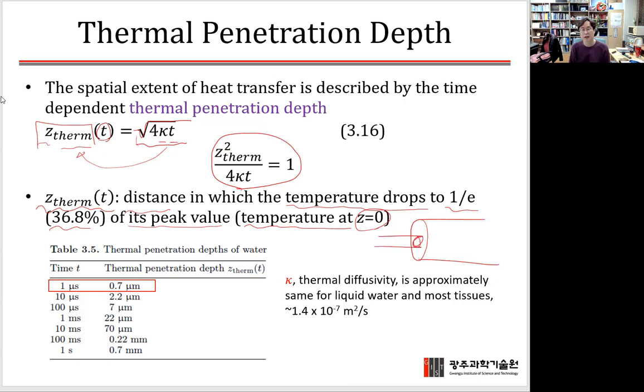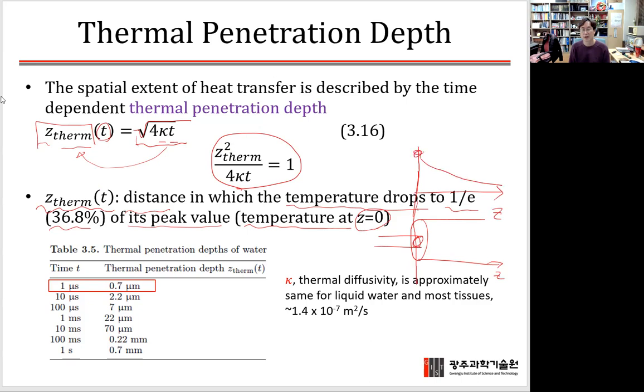And then when you look at the temperature along this Z direction, then the temperature will be decaying like that.